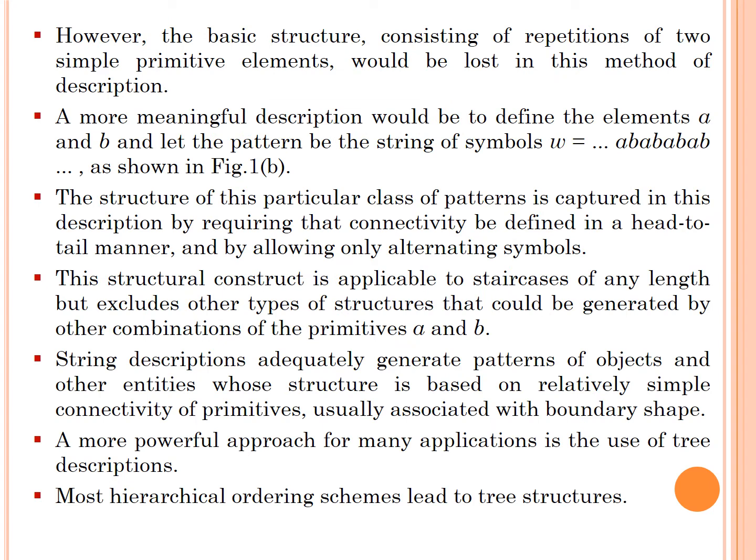However, the basic structure consisting of repetitions of two simple primitive elements would be lost in this method of description. A more meaningful description would be to define the elements a and b and let the pattern be the string of symbols w equal to dot dot ab ab ab dot dot, as shown in figure 1b.